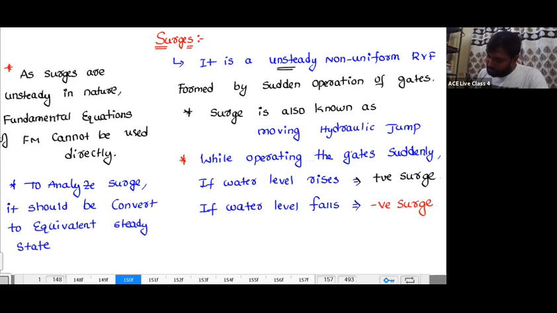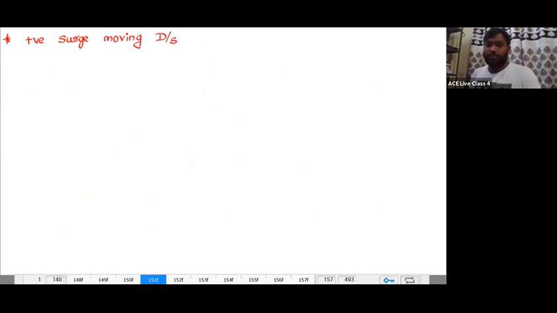Now you see this point, whatever I am saying: by equivalent steady state, I mean, see sir, okay fine, you are saying it's unsteady so I cannot analyze. So how can I analyze? If I can convert it into an equivalent steady state, I can analyze. But how, sir? How are you going to convert that into an equivalent steady state? So for that, let's see. And this blank is going to be filled now by the explanation of this one.